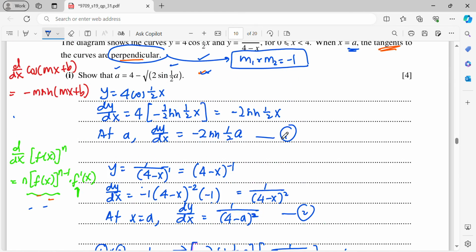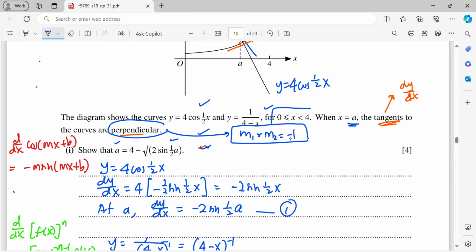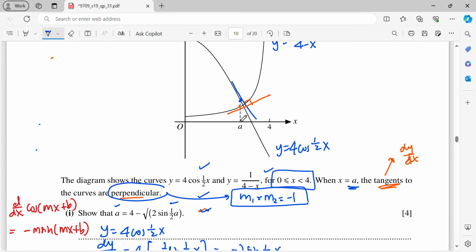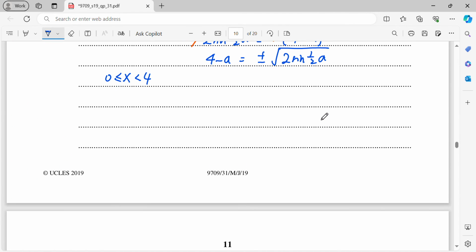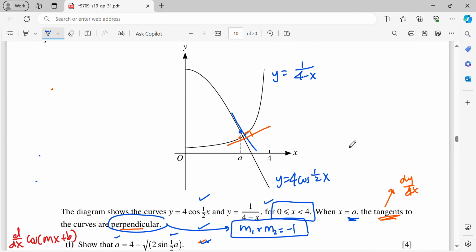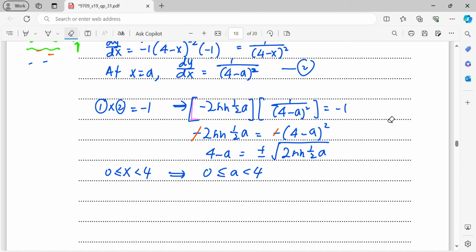Okay, now look at the condition. Your x is between 0 and 4. Right. So x between 0 and 4. That means your a is part of the x between 0 and 4 as well. So which means here your a is also between 0 and 4, but cannot be 0 because obviously your a will not be 0. So here I will cancel the equal sign. It will be greater than 0.